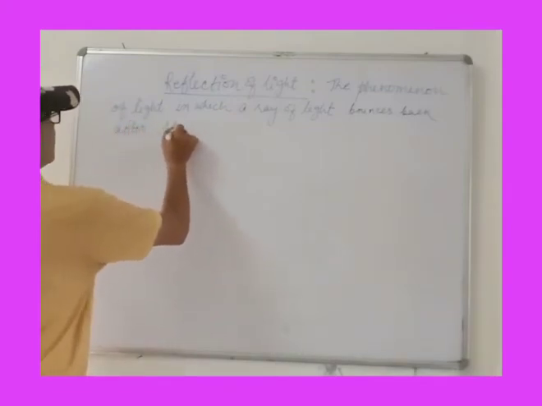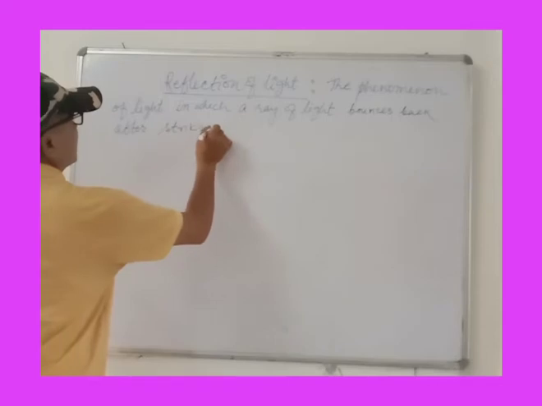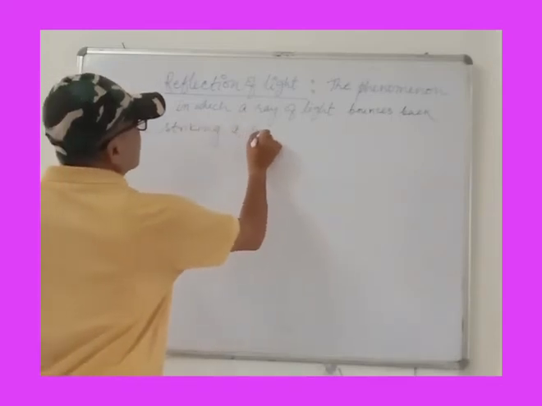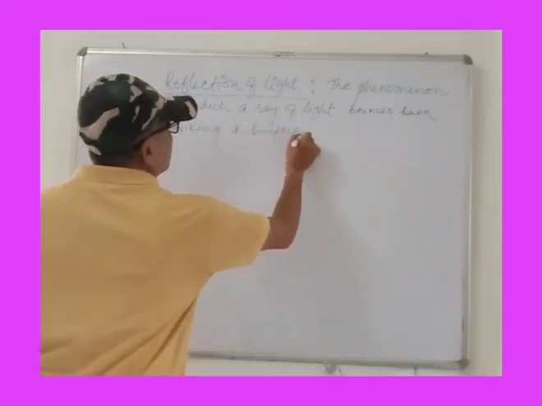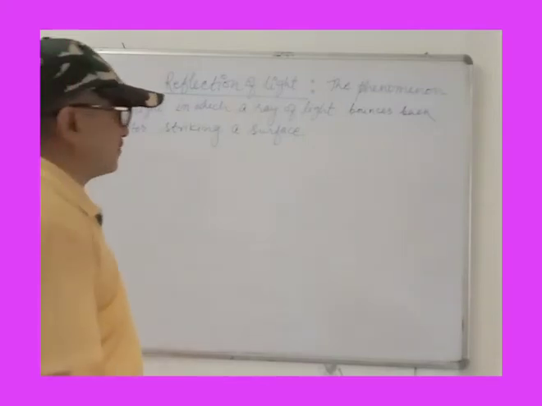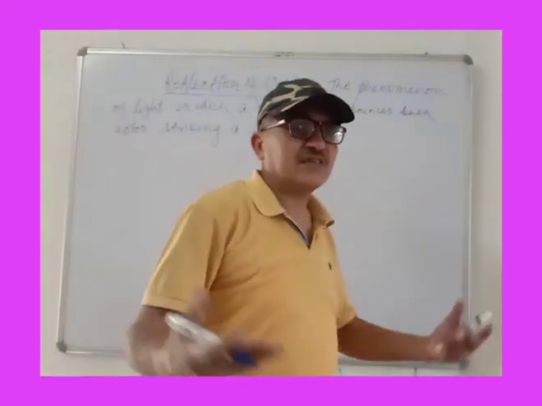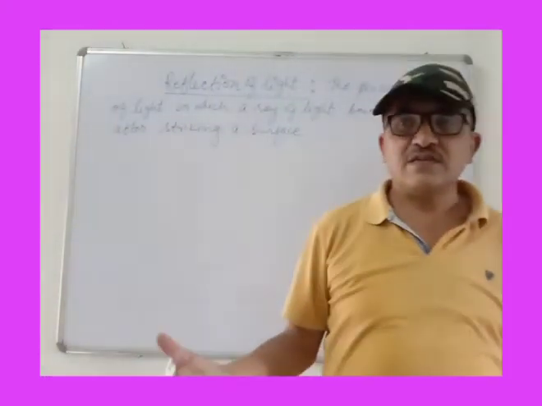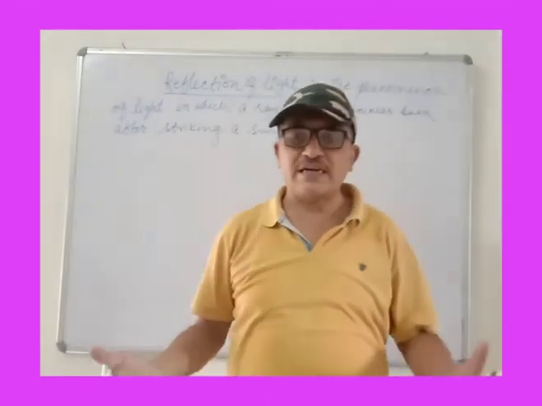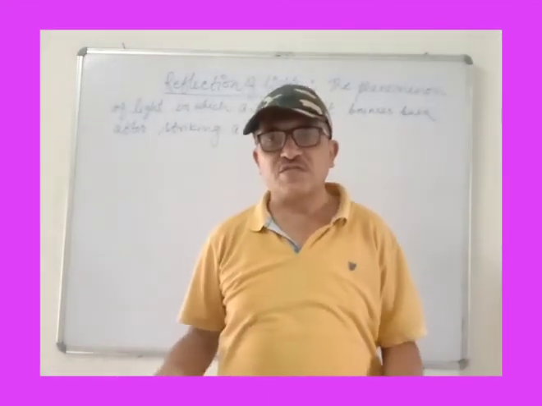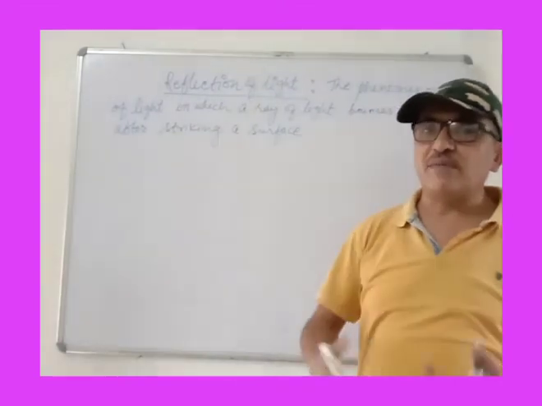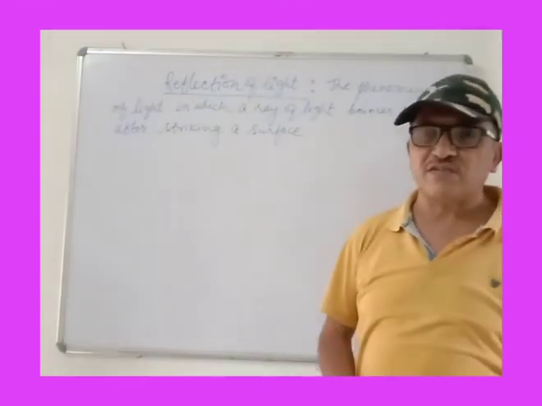after striking a surface. What kind of surface? Any surface. Opaque surface, transparent surface, translucent surface. Okay, some people might be thinking how it is a transparent surface.